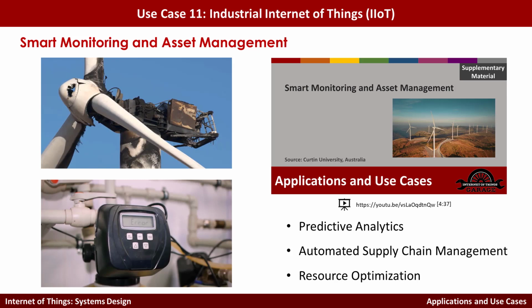So if you can predict if a particular component is going to fail, you can arrange the whole logistics and make sure that the entire system is running in the most optimized way. So I would like you to stop the video now and please go and watch this use case about wind turbines and smart monitoring and asset management.